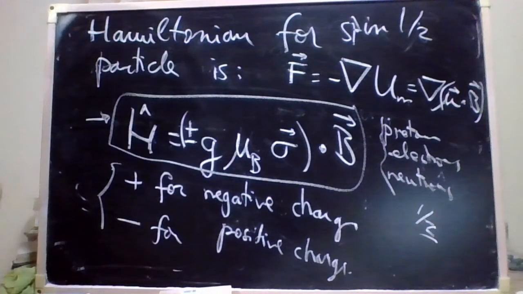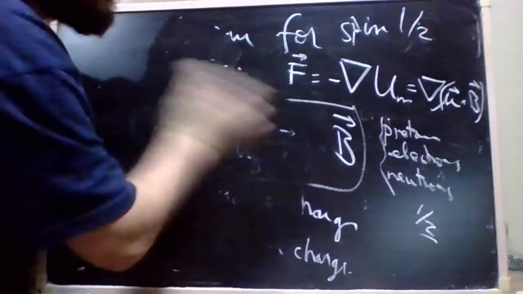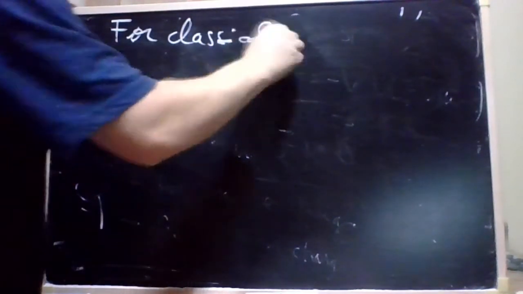All right, as an exercise, just to finish, find these equations of motion for a classical magnetic dipole.